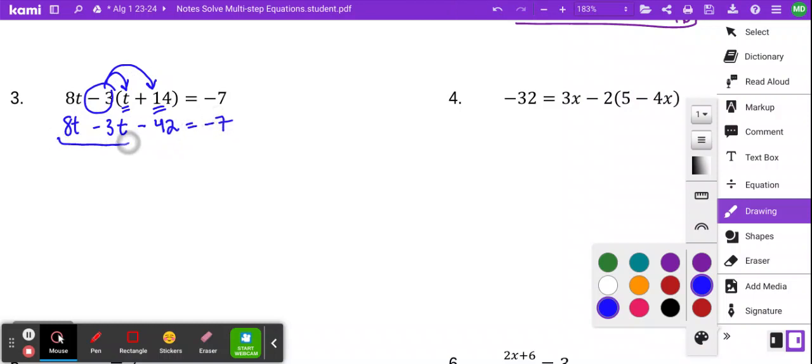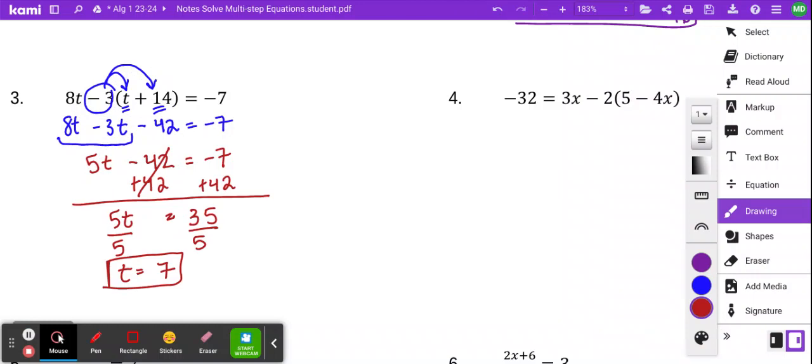Our t's combine to give us a 5t minus 42 equals that negative 7. And we can go ahead and finish this two-step equation. We add 42 both sides, and then divide by 5, and t is equal to 7.